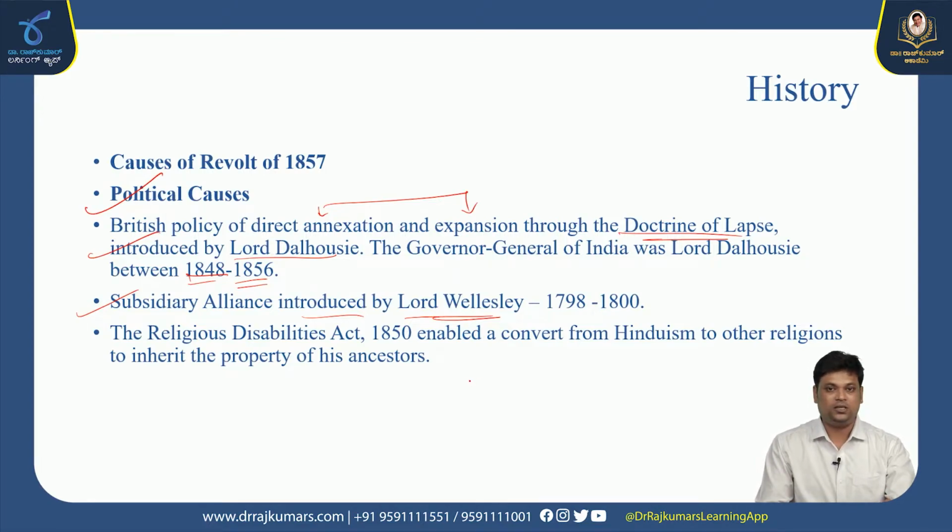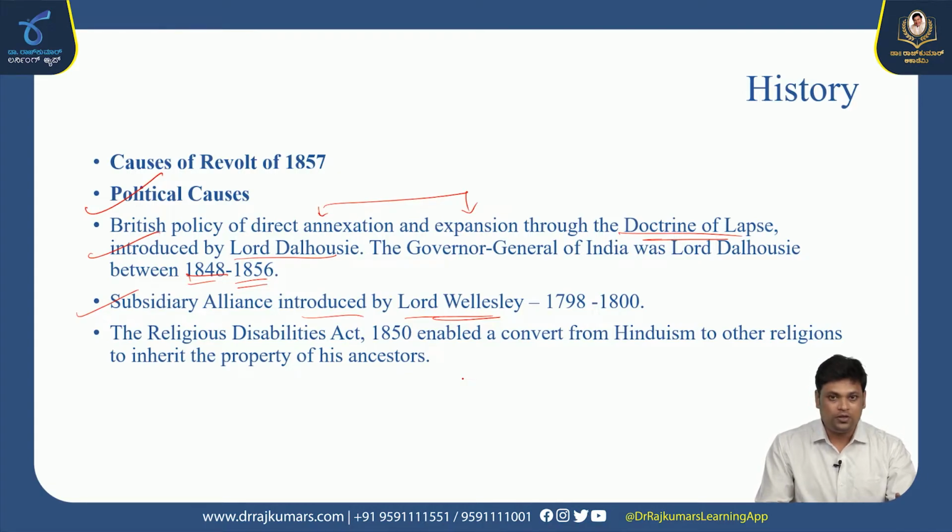Subsidiary alliance means if any princely state signed the subsidiary alliance with the East India Company, there would be different provisions. Based on that, British troops were permanently stationed in the princely state, and the salary of those troops was to be paid by the state itself, not by the East India Company.